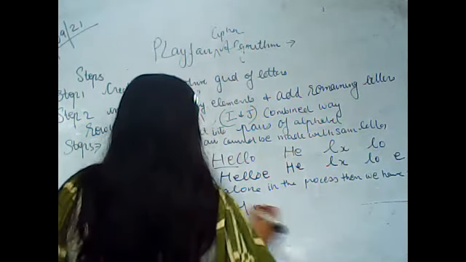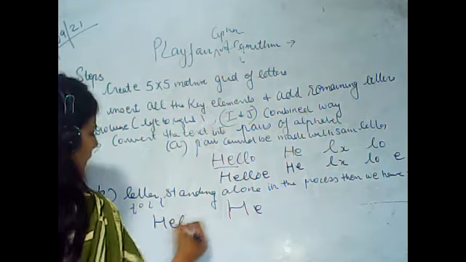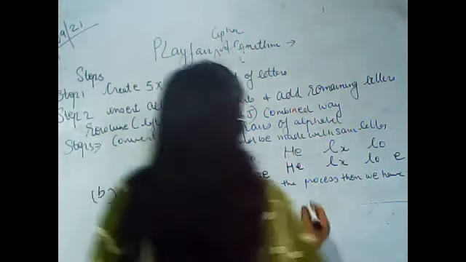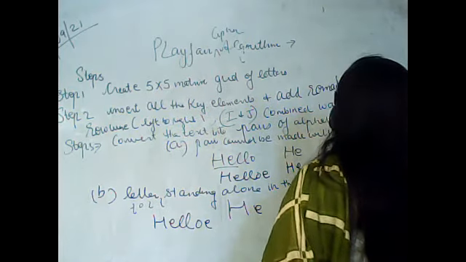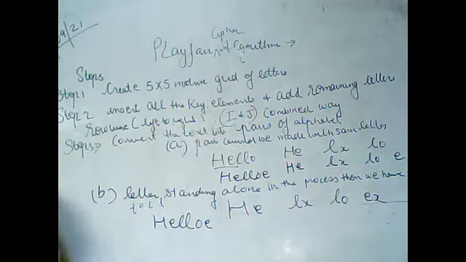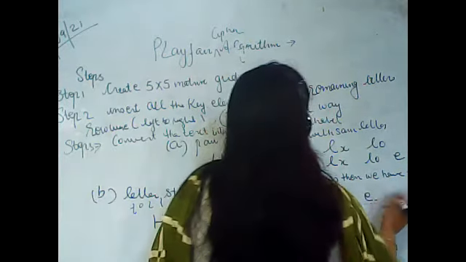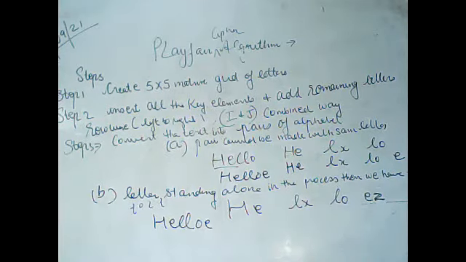Again, like we are having H E L L O E, we are working like this: H E L X L O, and last is E X. Sorry, E Z. That is E Z. So this was about the letter standing alone in the process, to which we can add that Z. Okay.